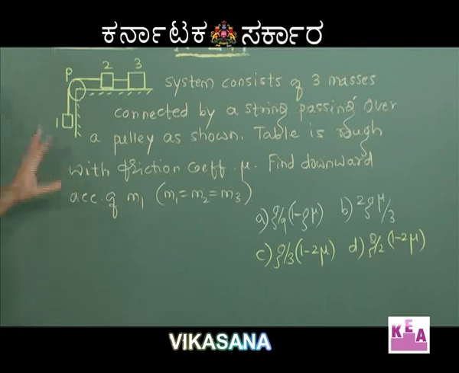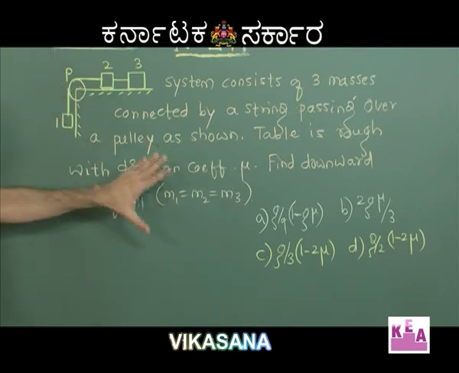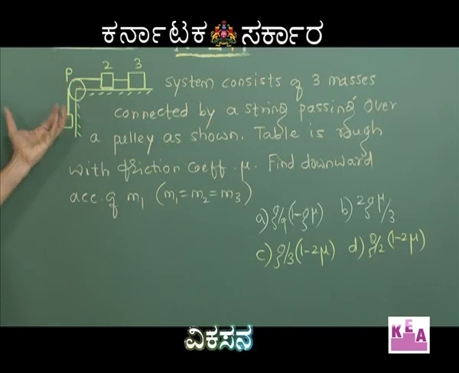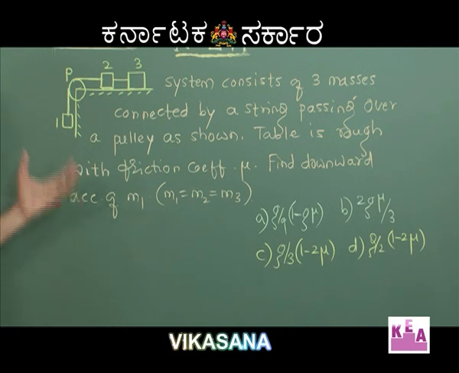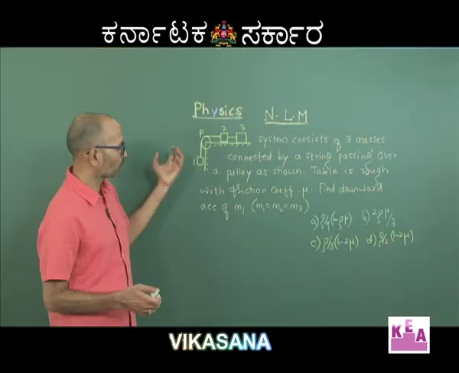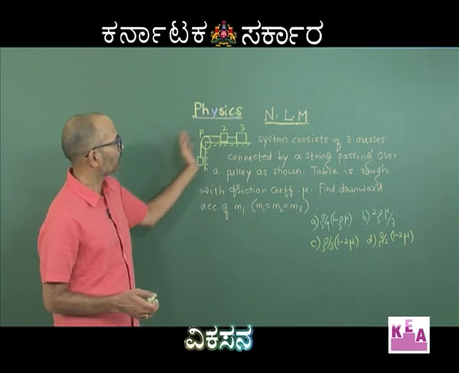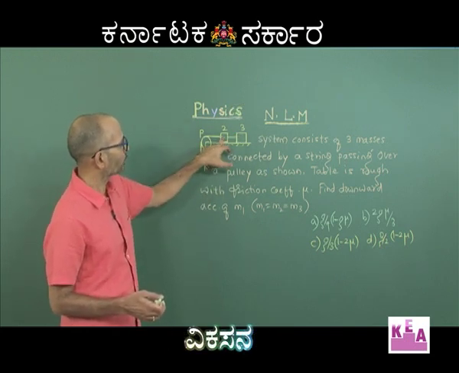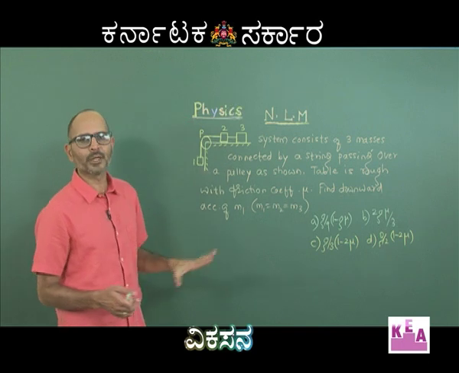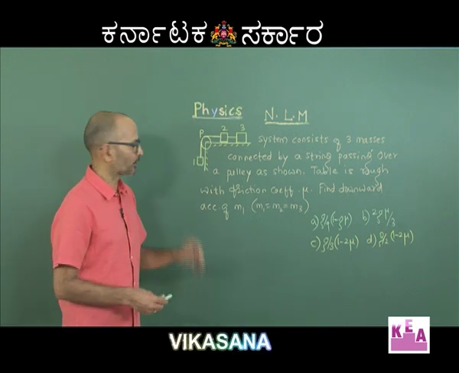Fine? Okay. So, now what we will do is, to get that acceleration, I will look at the net downward pulling force and divide by the mass of the whole system. I will try to see the net downward force which is trying to pull the body 1 and see the opposing force, that is the frictional force acting on 2 and 3, and divide by the mass in order to get the acceleration.